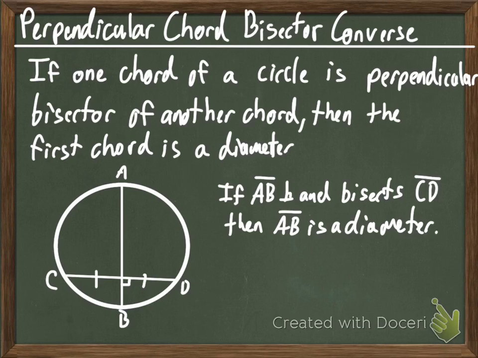We see that if AB is perpendicular and bisects CD, then AB is a diameter. So if you see one chord that is a perpendicular bisector of another chord, that first chord is your diameter for your circle.